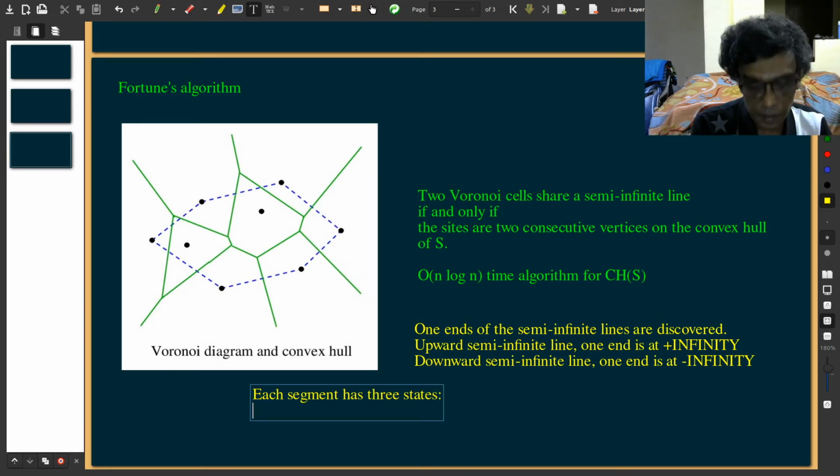Let me write these things clearly. One is this: no ends are discovered. In that case I will say this is a segment yet to be opened.